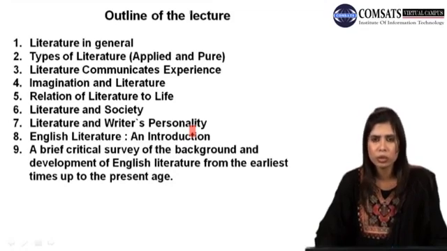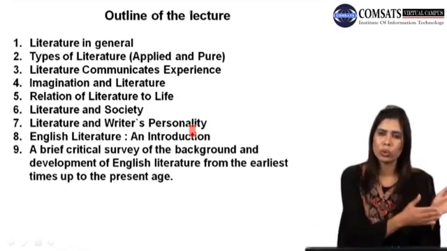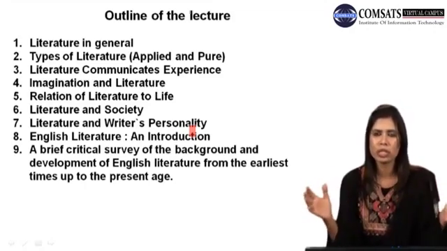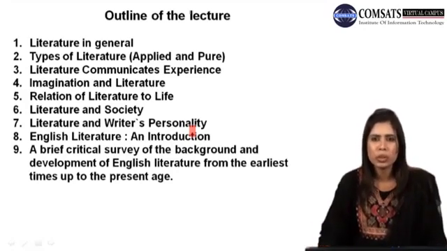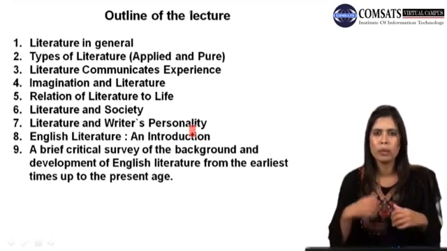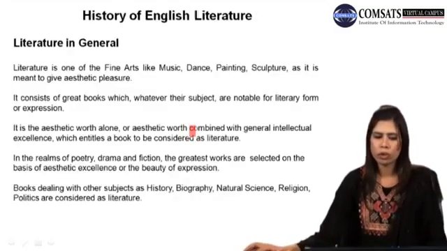So you, my dear students, can see that there is a transition from literature in general, and then we'll go to the history of English literature, and then the importance of the different phases in the history of English literature. So my dear students, I hope you'll enjoy this lecture, and I will try to make this lecture interesting for you.